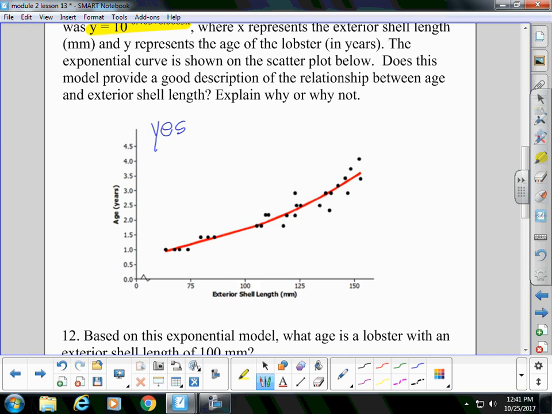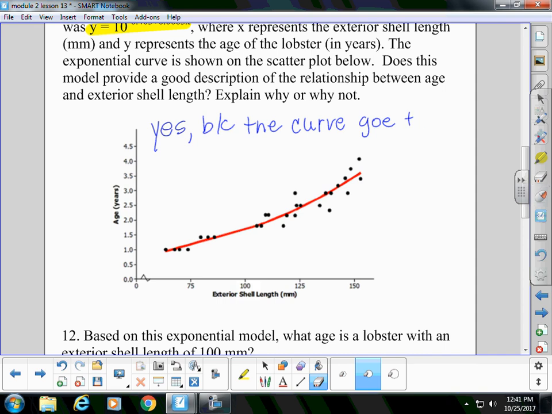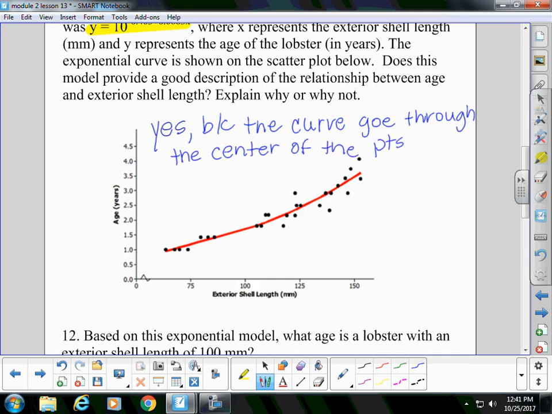Because the curve is going through the center of the dots. I'll leave it at that.